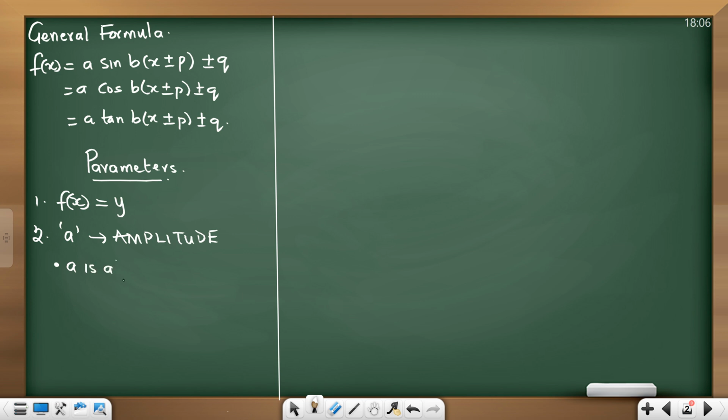A is always positive. Please, always. I'll tell you something shortly. A is always positive. A is equal to the maximum minus the minimum over 2. That's how we calculate it. A is always positive. Maximum minus minimum over 2.